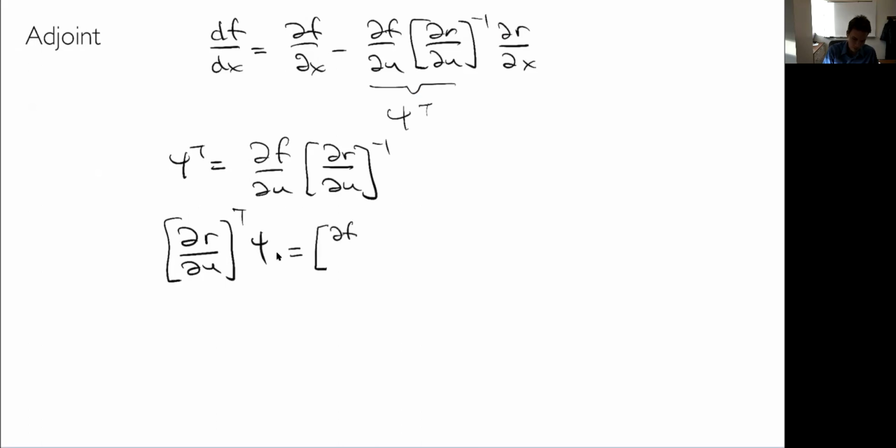Then I get partial f, partial u. Okay, so again, this looks like Ax plus b, right? There's a matrix, but this is still a matrix. So again, what we're going to do, since we took the transpose here, this is still going to be fine. We're going to solve it again for one column at a time.